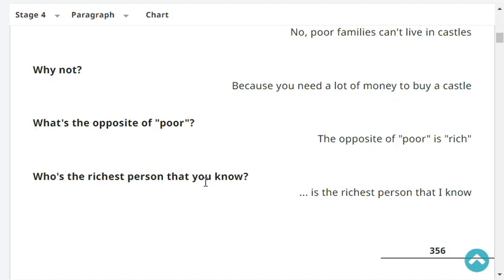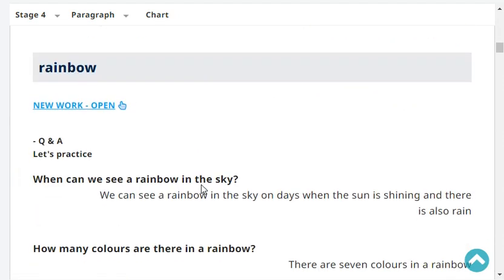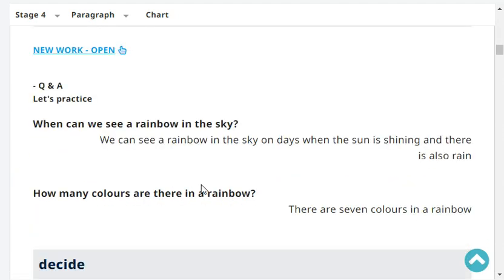Who's the richest person that you know? Bill Gates is the richest person that I know. When can we see a rainbow in the sky?